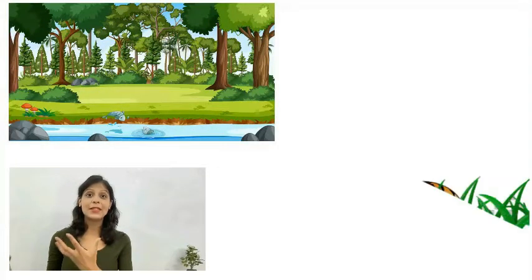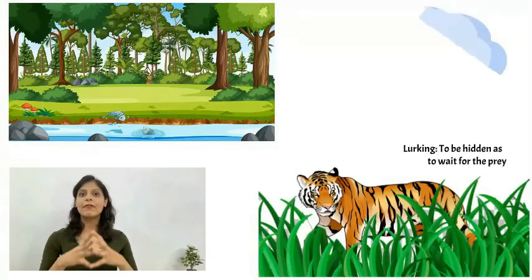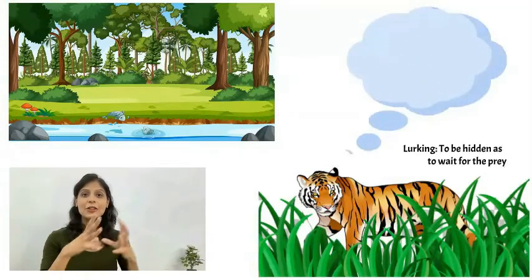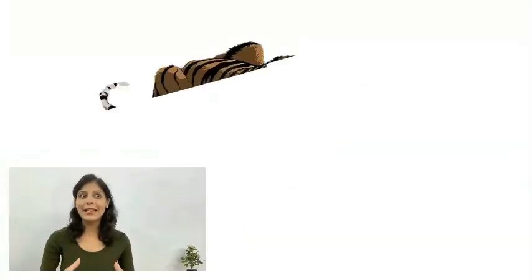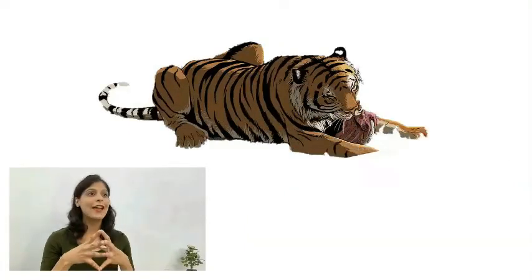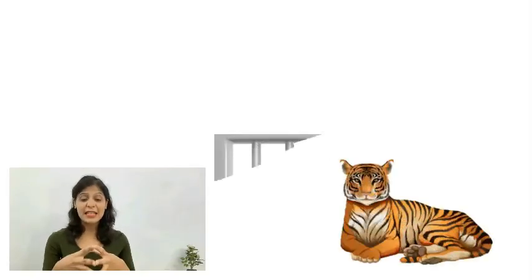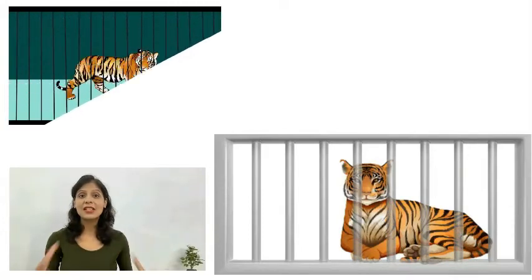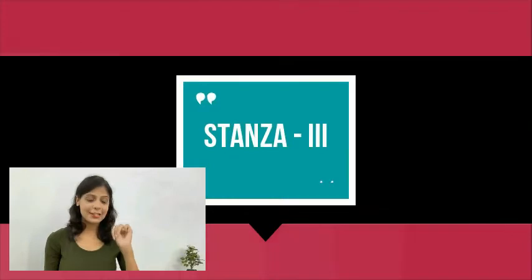That's how it behaves in the jungle, in the wild. And he would be waiting for some plump fat deer to pass that way. Thus, he would be lying there in the expectation of a heavy feast, but the tiger is in the cage and cannot do so.